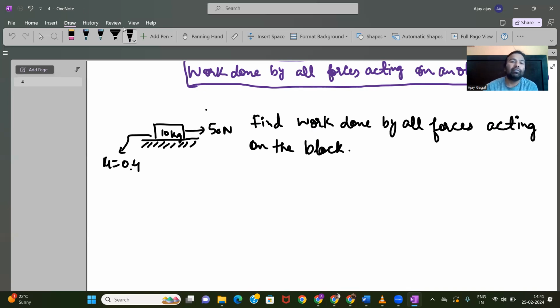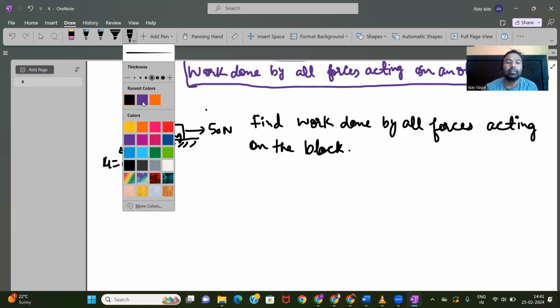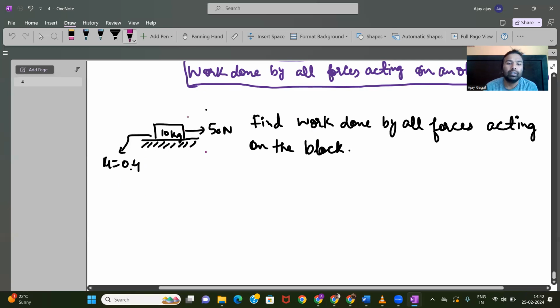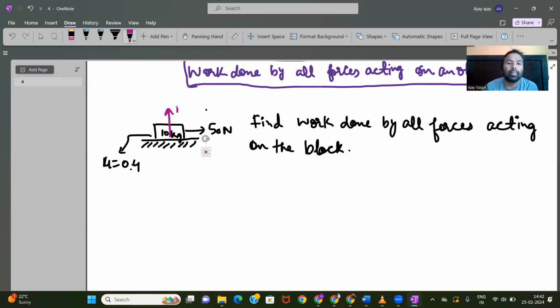If we refer to the free body diagram, there is one force as normal force acting upwards, and mg is acting downwards. Find the work done by all forces acting on the object in the first 2 seconds of motion.